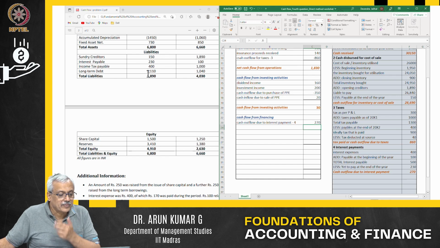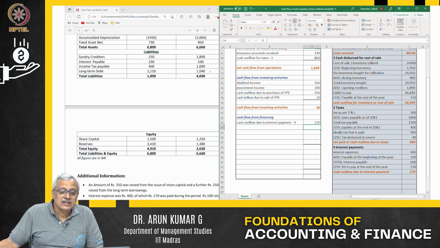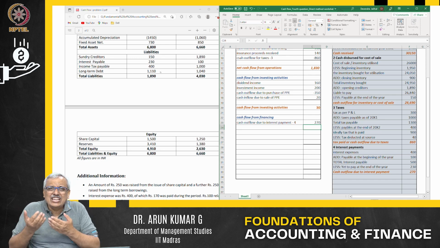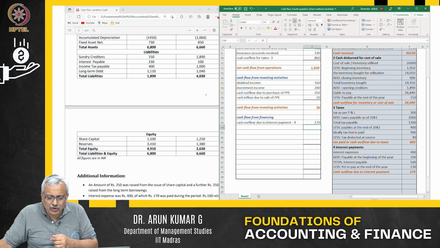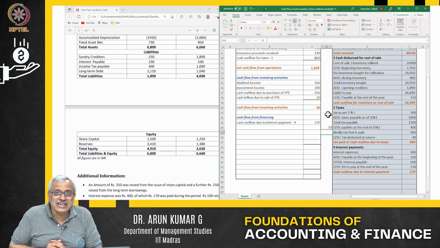Last year the debt was 1040. Current year debt is 1110. That means a net cash inflow has occurred. The current year debt is 1110, last year is 1040. That means I have taken $70 more debt. There is a net cash inflow on debt of $70.